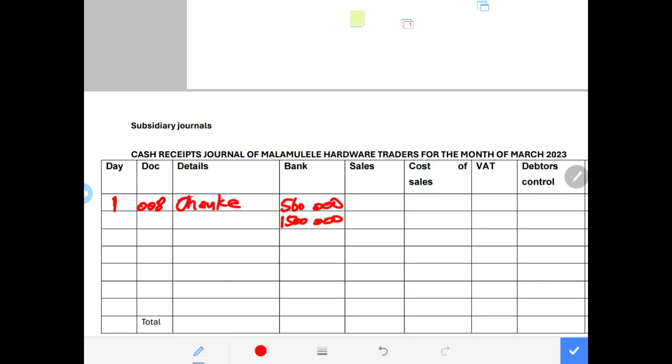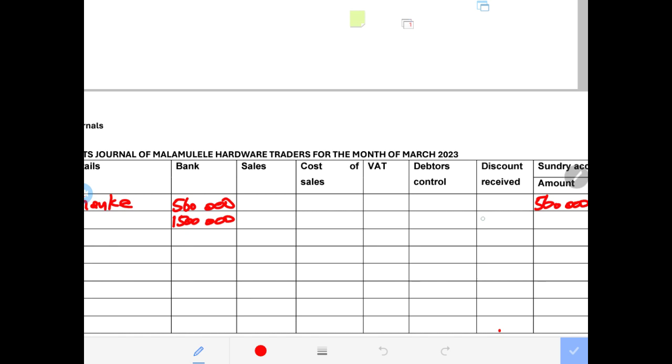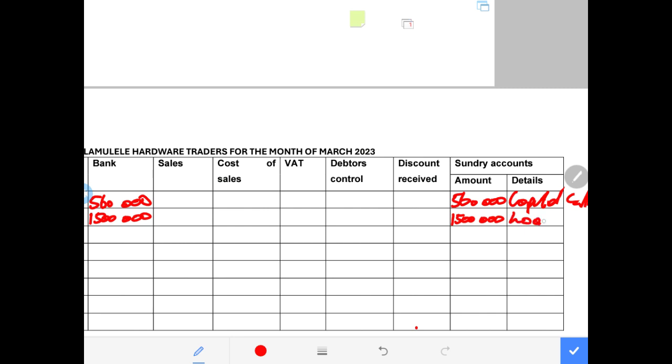The answer is no, there is no loan column. That means the amount of the loan, the one on the credit side, will be recorded under the sundry accounts, the other 1.5 million. And under details, we have to say loan.